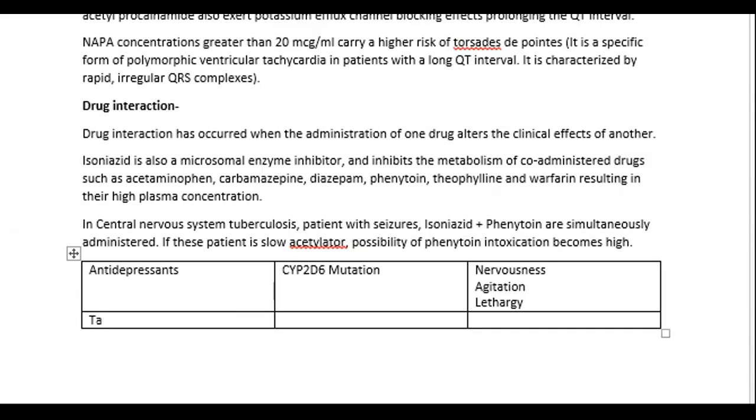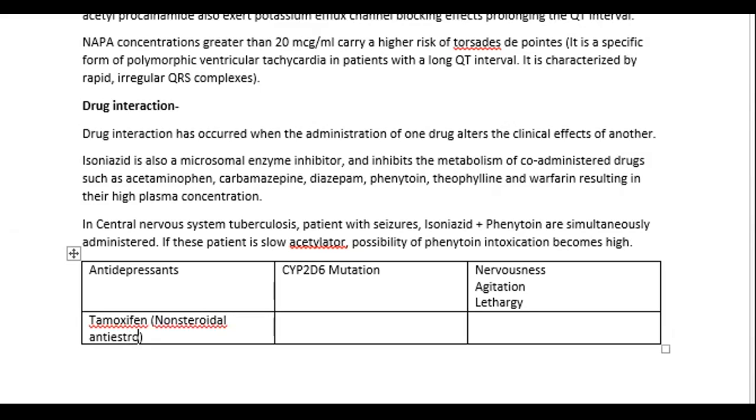And the next is tamoxifen. Tamoxifen is a non-steroidal anti-estrogen. The polymorphism involved is CYP2D6.